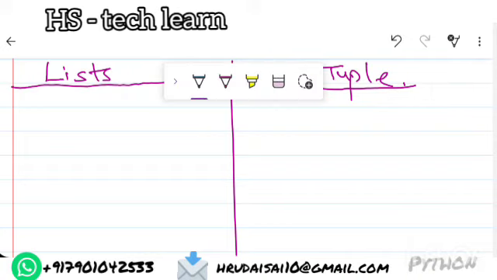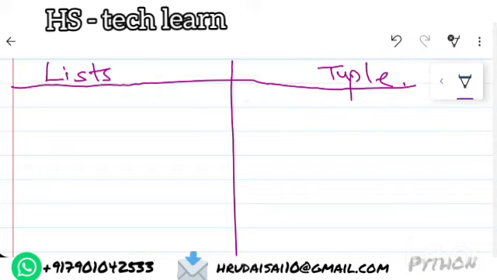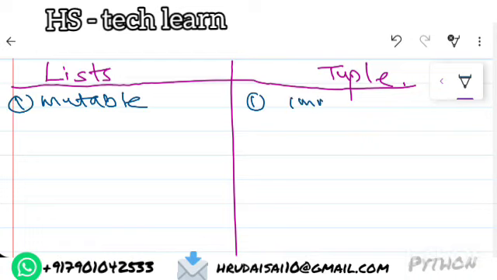The first and foremost difference is mutability. Lists are mutable data types and tuples are immutable data types.